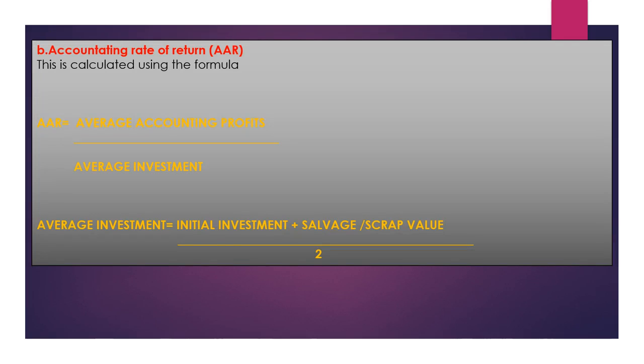Accounting rate of return. This is calculated using the formula: accounting rate of return is equal to average accounting profit divided by the average investment.